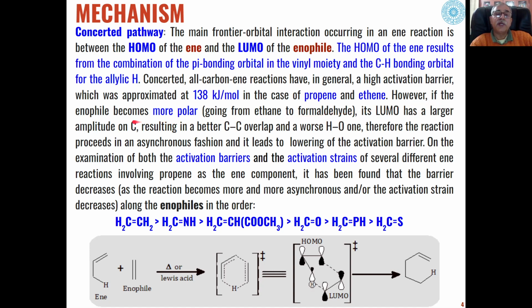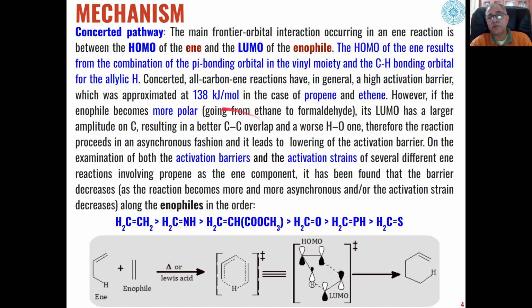But if the enophile becomes more polar, that is, if we change ethene to formaldehyde, then its lowest unoccupied molecular orbital has a larger amplitude on the carbon.